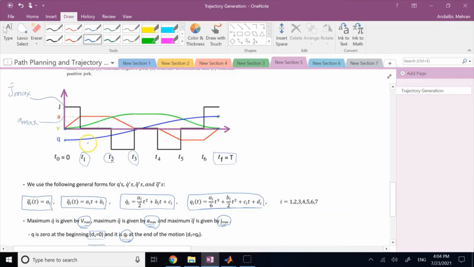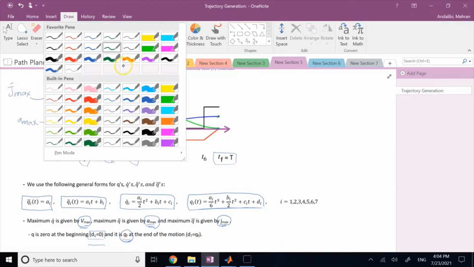So if you look at all of this motion, except for Q, the rest of the parameters, V, A, and J, are all symmetric about the middle point.